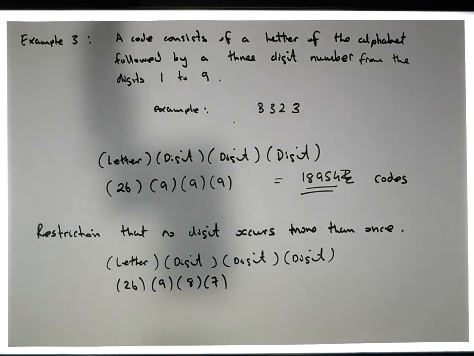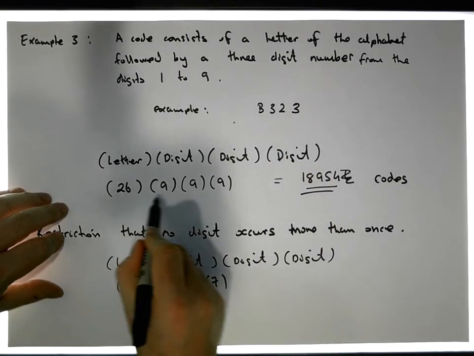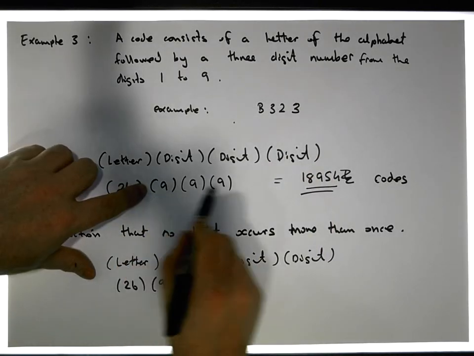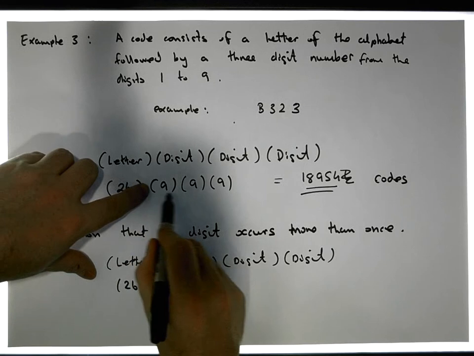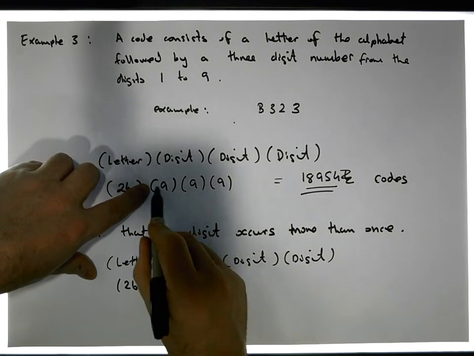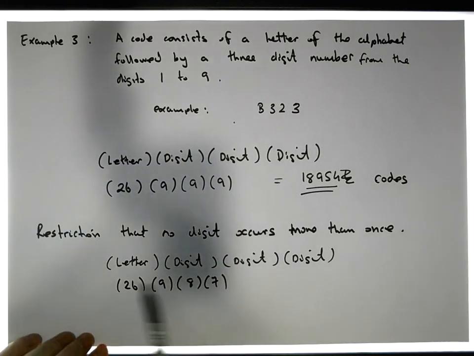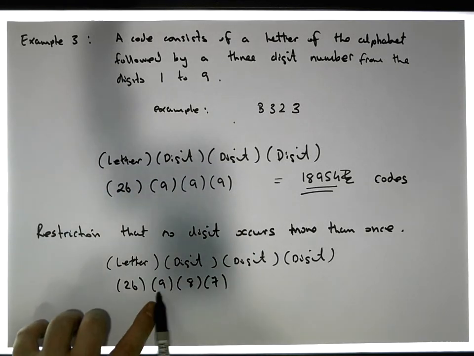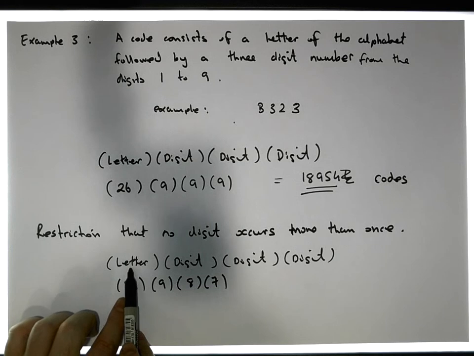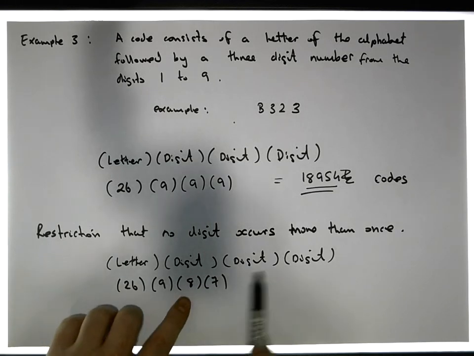Once again, this is the second rule at play here. The earlier part was really the first rule, where we have the same number of objects being selected for each one of the digits. Whereas in this particular case, we have the second rule at play: a different number of possible objects for the first selection, the second, the third, and the fourth selection.